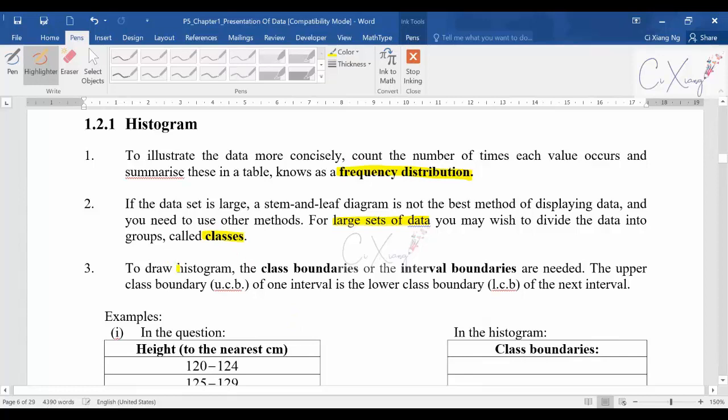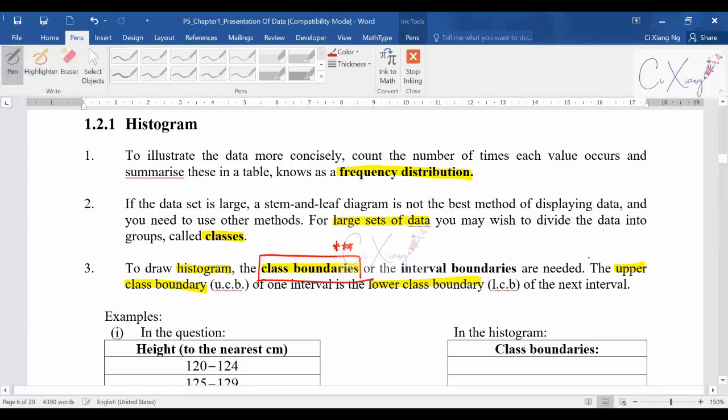When you want to draw a histogram, generally we need to have the class boundaries. This is a very important word. Please make sure that you know the meaning of class boundary. We have upper class boundary and also lower class boundary. What are they? We'll learn about it later. Please take note of the class boundary here.